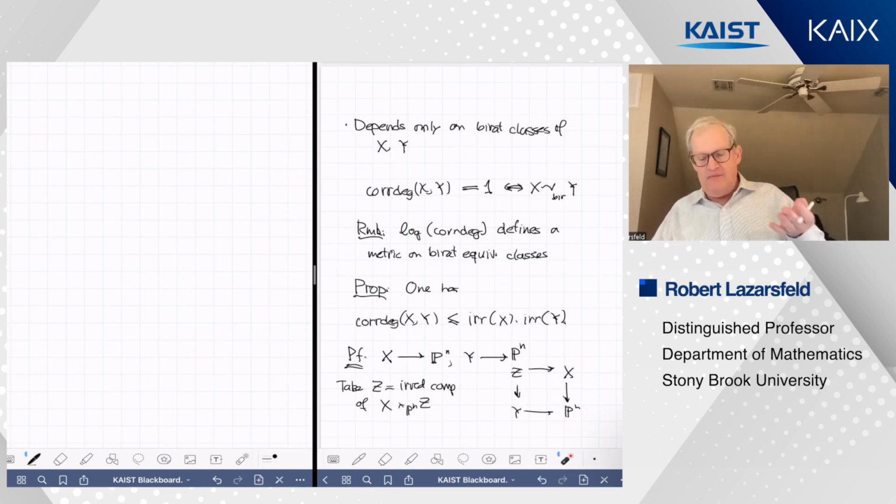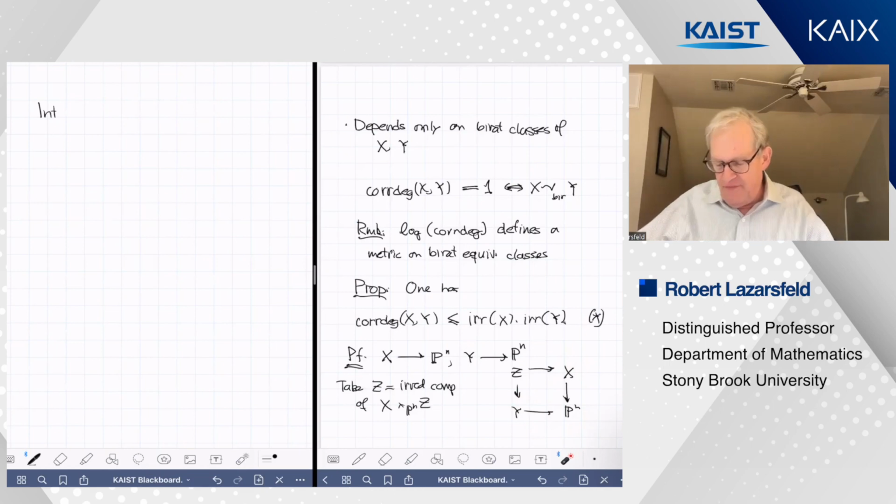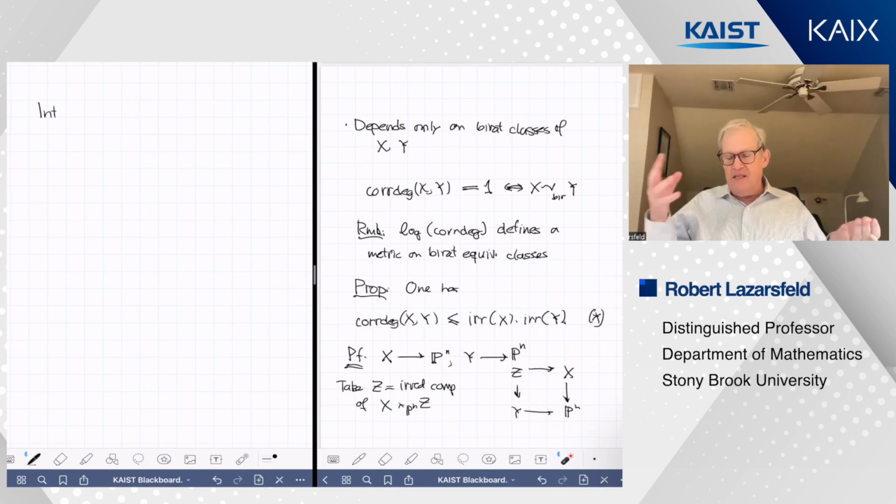And so there are always some dumb correspondences between X and Y. And our intuition is that, let me call this inequality star, if this inequality is actually an equality, that means somehow that X and Y are, so to speak, birationally independent.